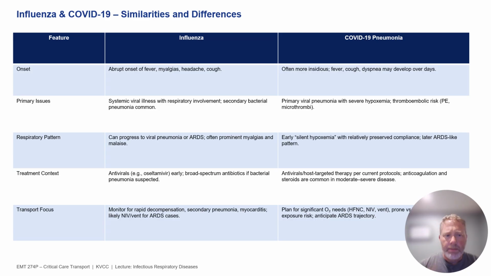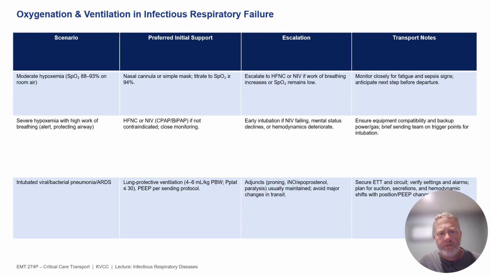Both influenza and COVID-19 also carry a high risk of secondary bacterial superinfection, pulmonary embolism, and also cardiovascular complications. For transport, what matters most is the current state of oxygenation and ventilation. The pathogen itself is relevant context, but your management of the patient is driven more by the physiology that's in front of you, not the microbiological diagnosis.